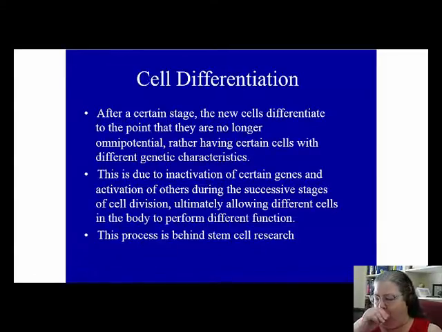So the point of stem cell research is to look at omnipotential cells, cells that still have the ability to differentiate, and to grow tissues from those stem cells by using appropriate growth factors and other factors.